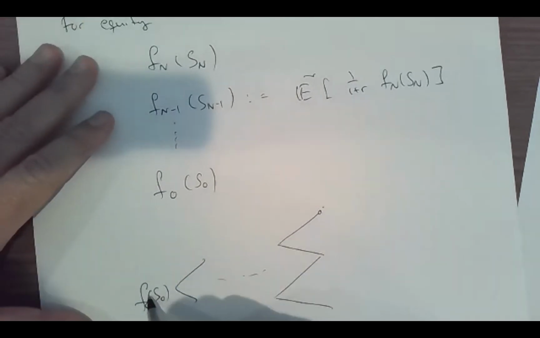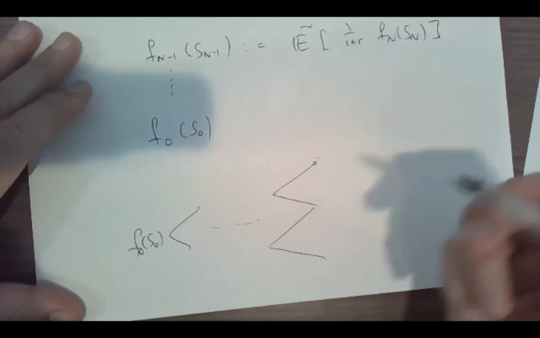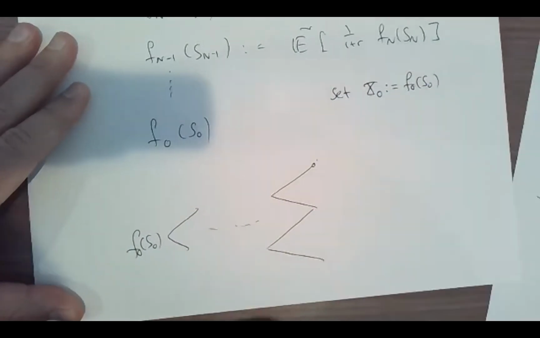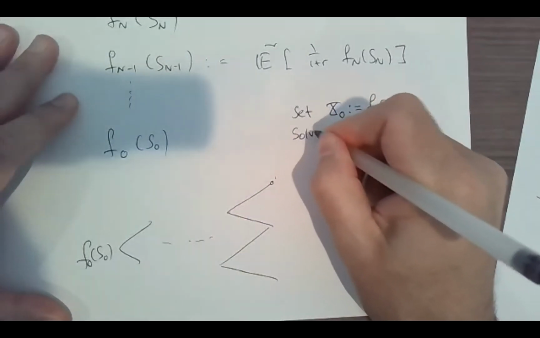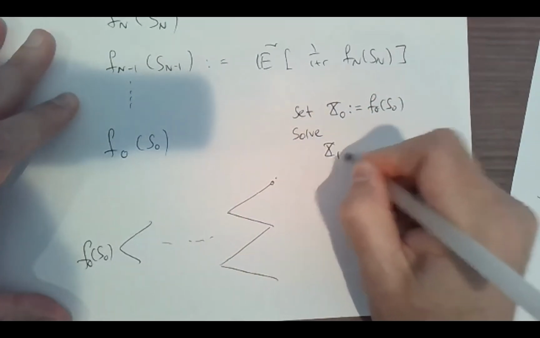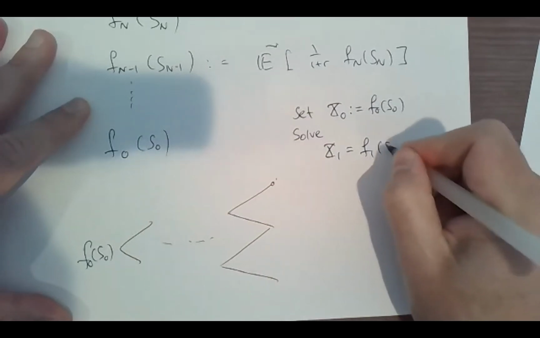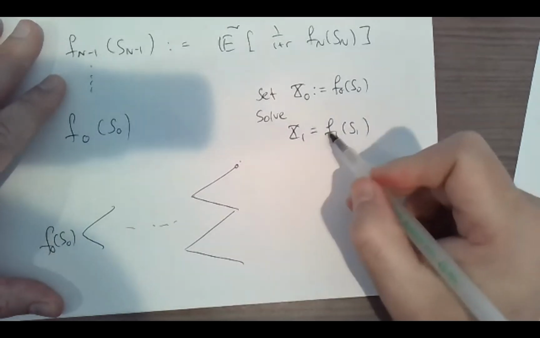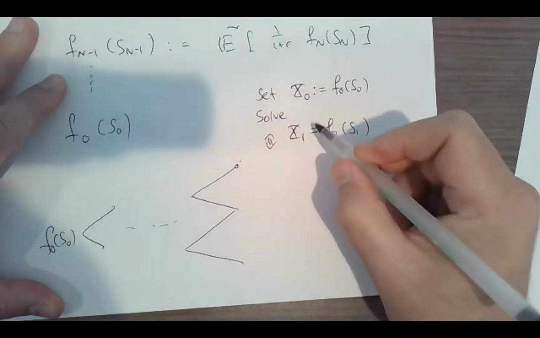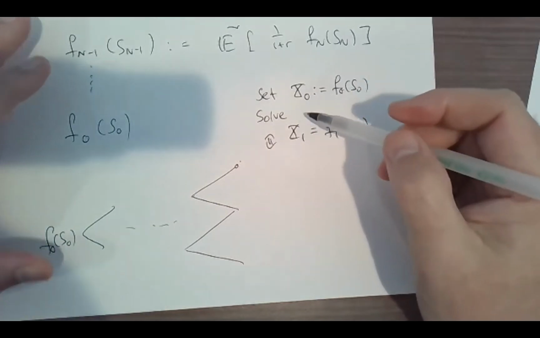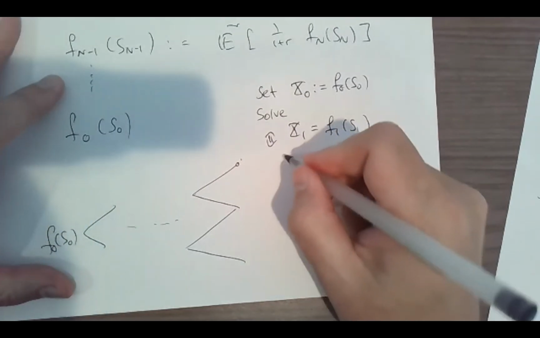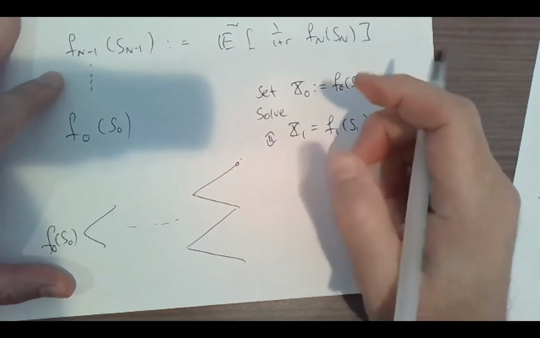Now given that, we would start moving forward in a tree. And so how would we do that? Well, we set x0 to be f0 of s0, and then solve x1 being f1 of s1. And this is where you get two equations.